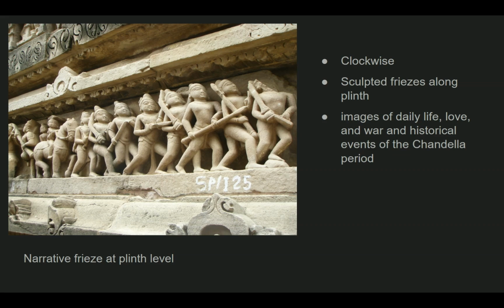So, yes, this is a religious structure, but like any major structure we've studied, it's also political, because the Chandela dynasty is showing off their wealth, and they're also showing that they're taking care of the people, that they are providing them with this beautiful temple structure in which they may worship these Hindu deities. So it garners favor from the people. You're considering these sculpted friezes. You're reading the stories in figural form.